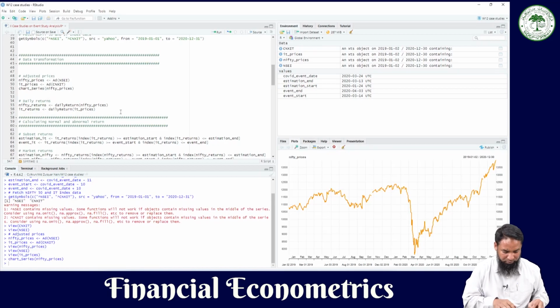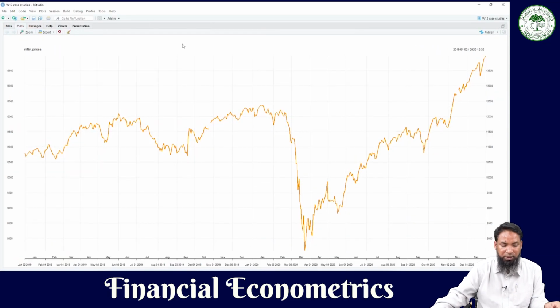Here we can see how the prices have evolved. You can see that in March there was the lockdown, and there was a drastic change once the announcement of COVID-19 happened. Now let us see if it is significant.